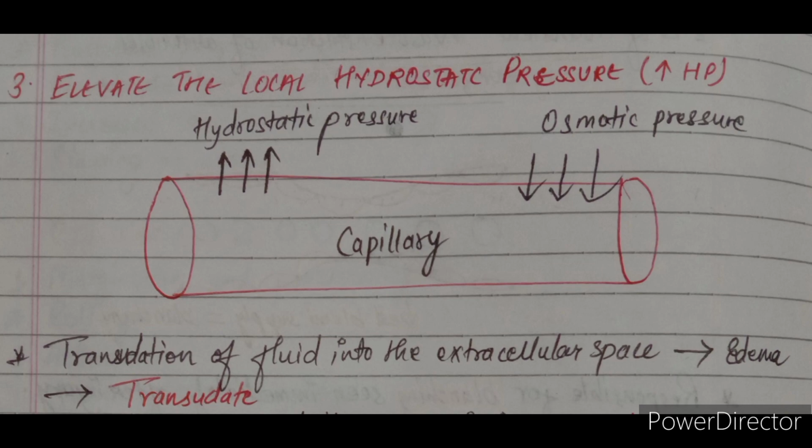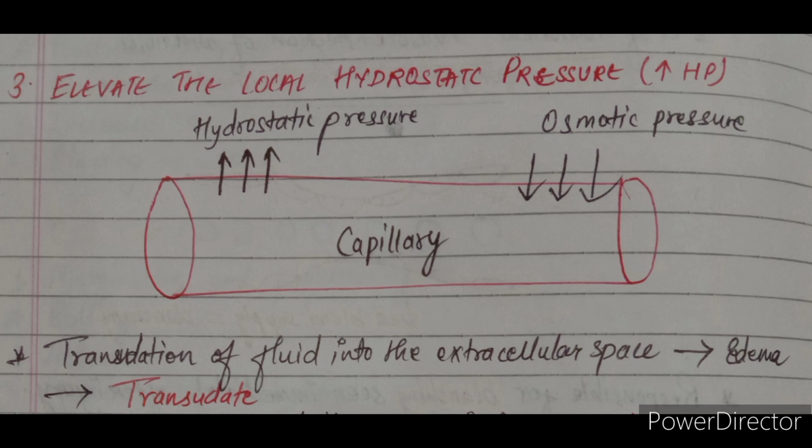Now let's see the third step of vascular events, that is elevated local hydrostatic pressure. According to Starling's law, in any capillary there are two types of pressure.